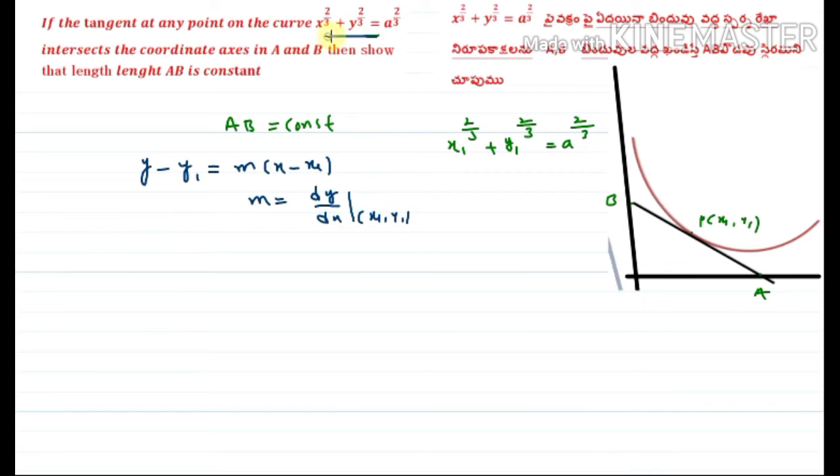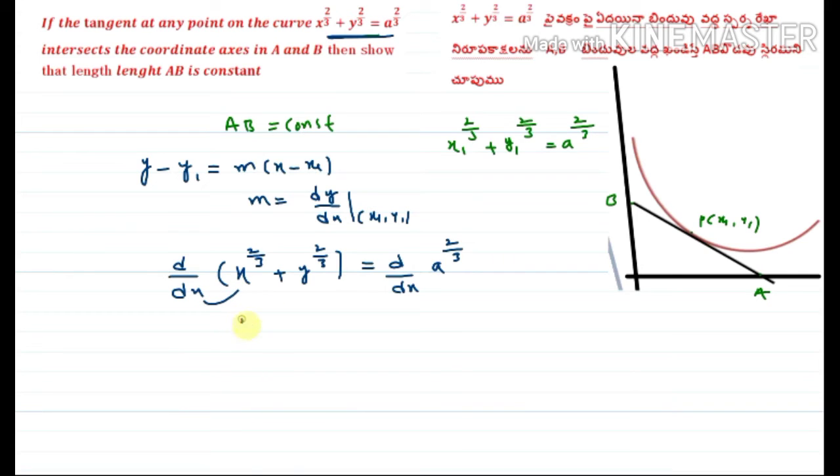So differentiate this curve on both sides with respect to x. From that I will get the derivative of x to the power of 2 by 3 plus y to the power of 2 by 3 is equal to the derivative of a to the power of 2 by 3.